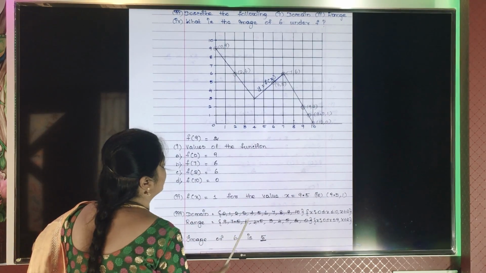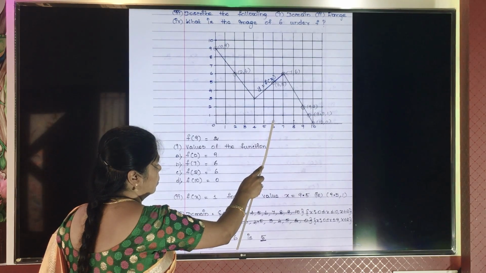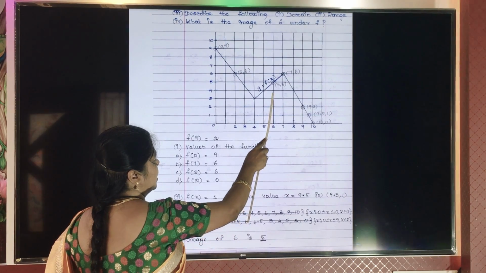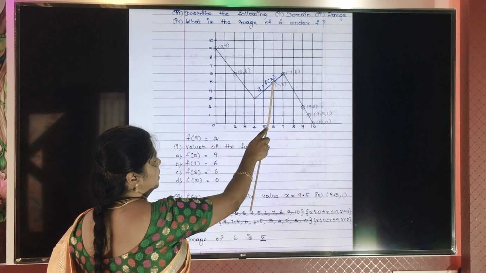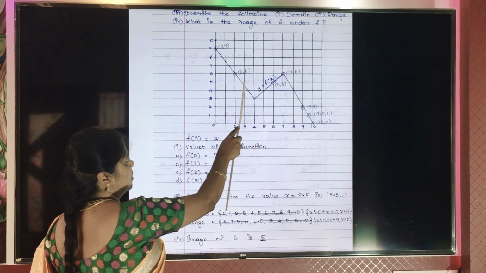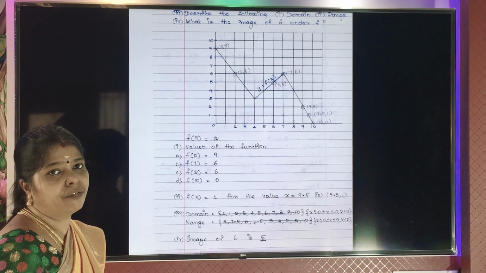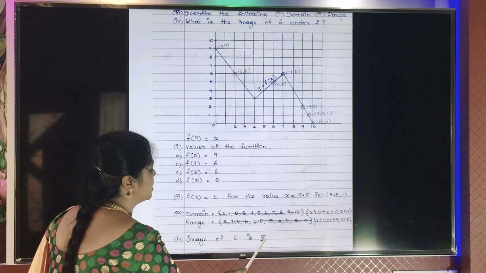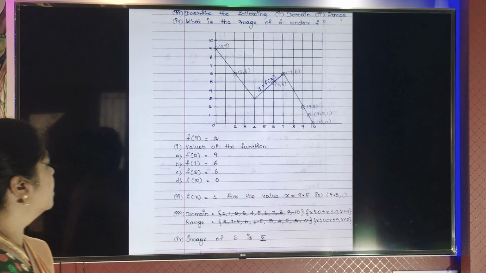You see where is 6 in the horizontal axis? I have found it here. Now you just go up and see where the graph touches the y-axis value. Just come here and see where it touches. It touches at 5. So the image of 6 is 5. Am I clear? Yes.